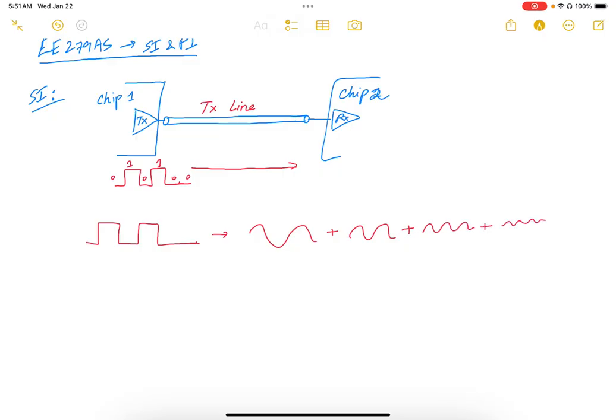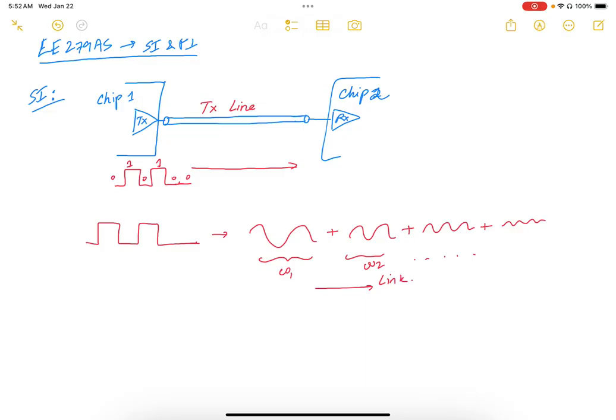Say this is frequency omega 1, omega 2, and so on. Each one of these frequency components behaves differently in the link. The attenuation, or the reduction in the amplitude of the signal as it goes from the transmitter to receiver, changes with frequency. And also each one of these signals can be shifted in phase by a different amount as it travels along the link.